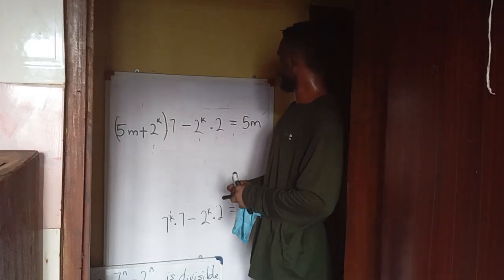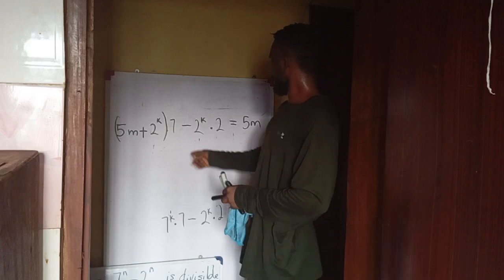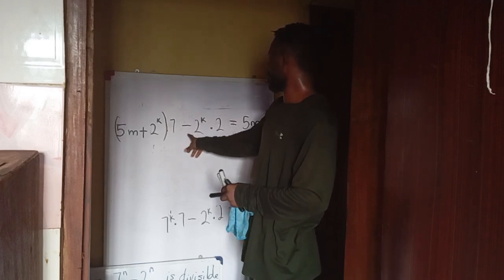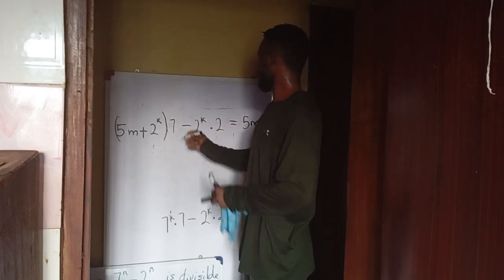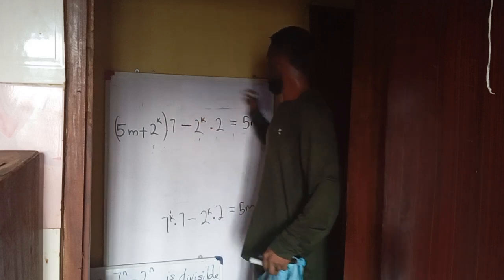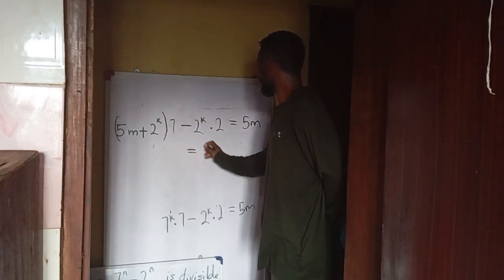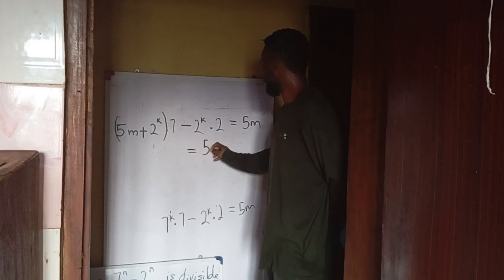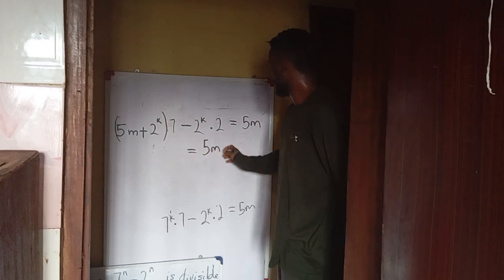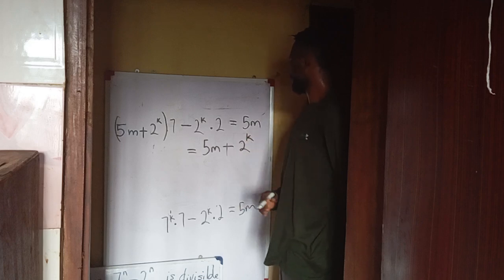Okay, let's check. I can say let everything here cross the equality sign. So it now becomes 5m plus 2^k.